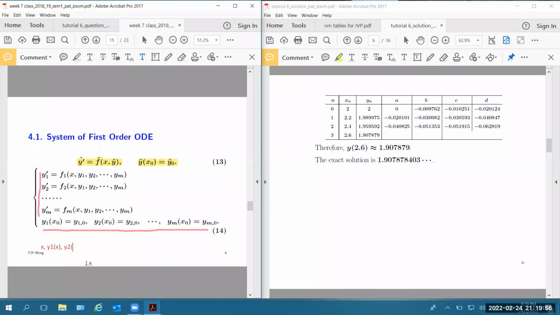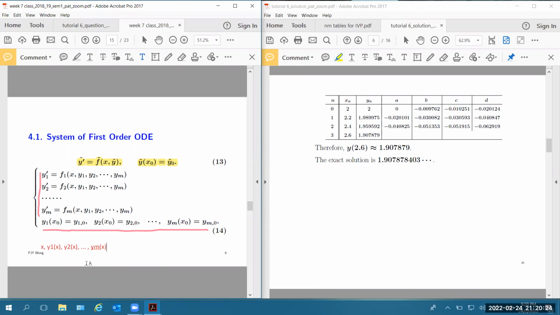And then we also have y2, which is like another function, also depending on x, and so on. And of course, the last one that we have here is called ym, which is also a function depending on x. So you see the problem is more complicated, right? Of course, you say, wow, so complicated.